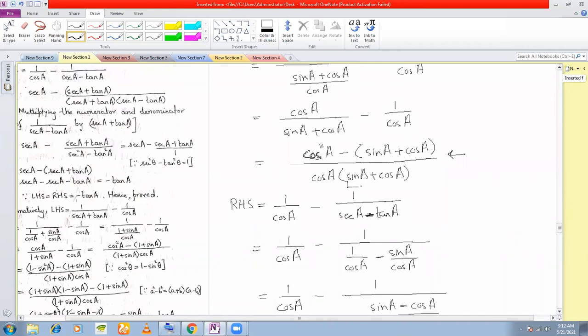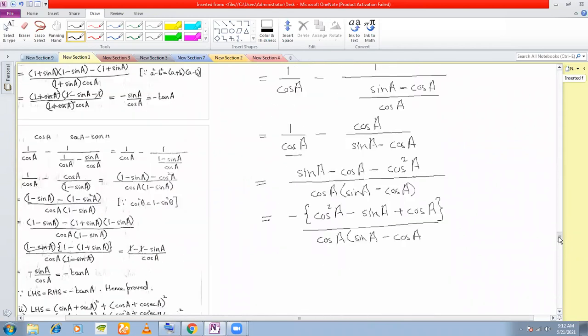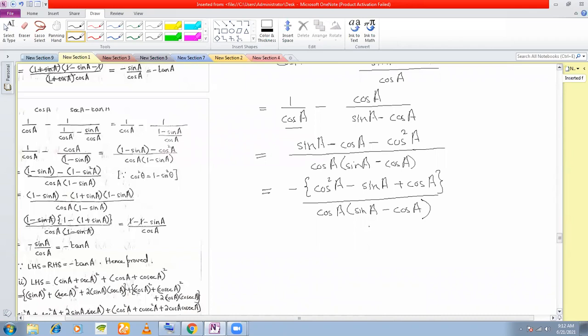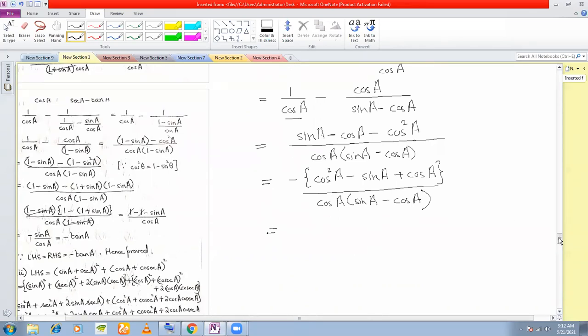And also in the denominator, if you see here, I have sin A plus cos A. Here I have got sin A minus cos A. Okay, so you can write this as minus cos square A minus sin A minus cos A divided by cos A into sin A minus cos A. Okay.